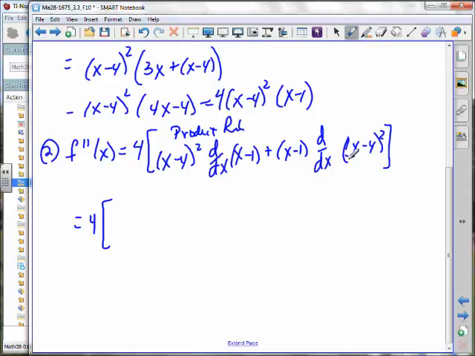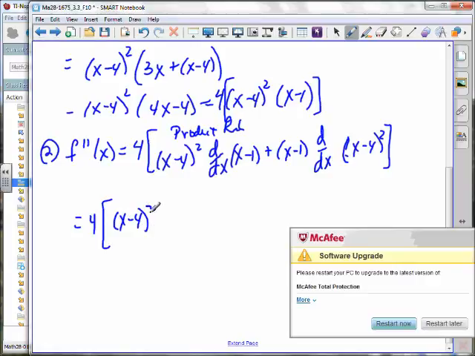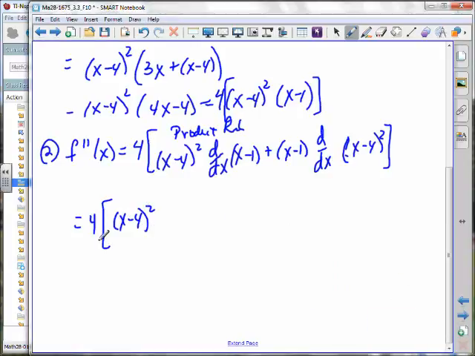Don't really need to have that. And then I have 4 times that whole thing. Taking the 4 out in front of the whole product of these, as if there were brackets there. Okay, so let's see. x minus 4, quantity squared, times 1, plus x minus 1.